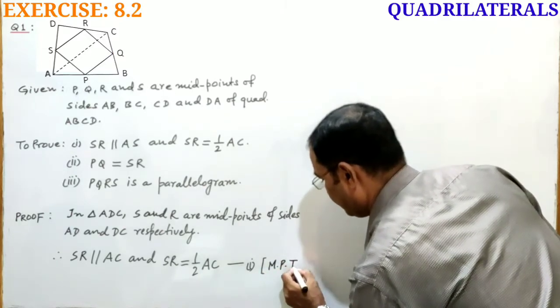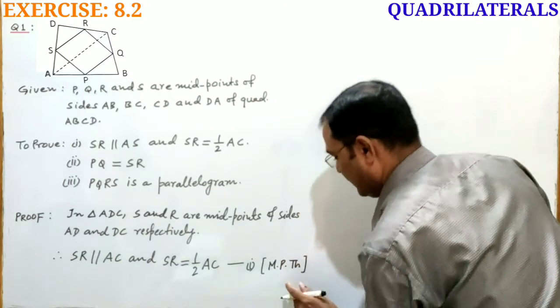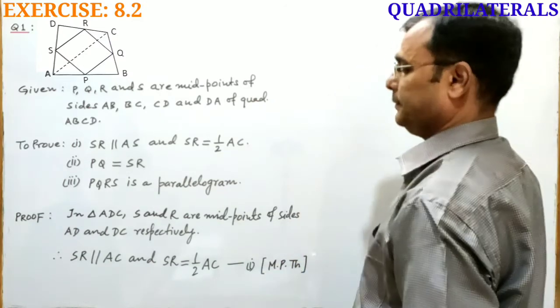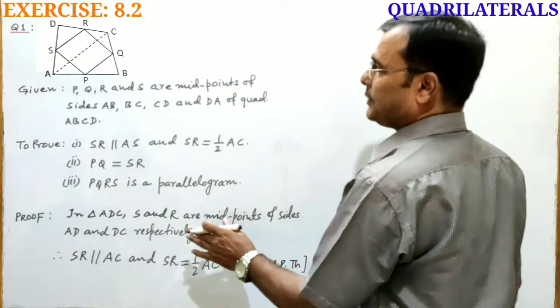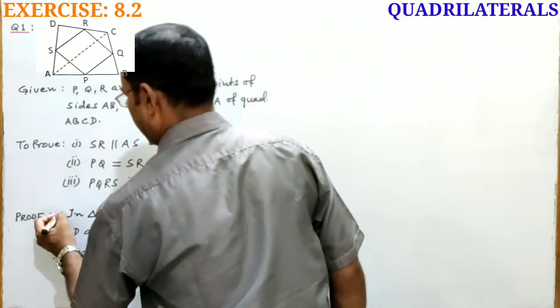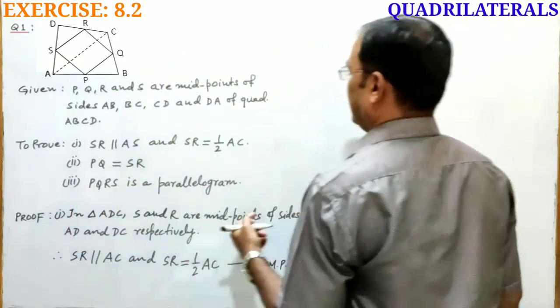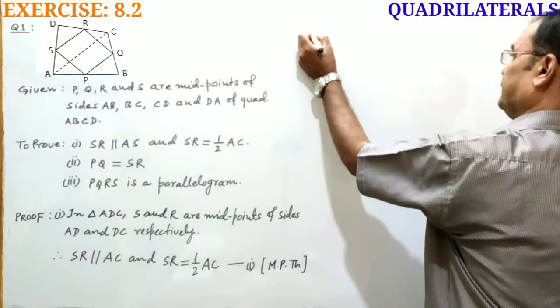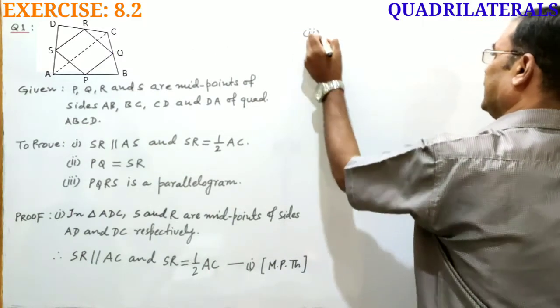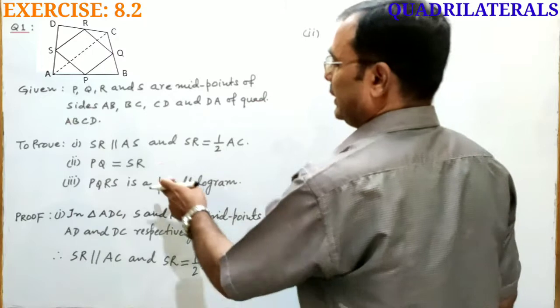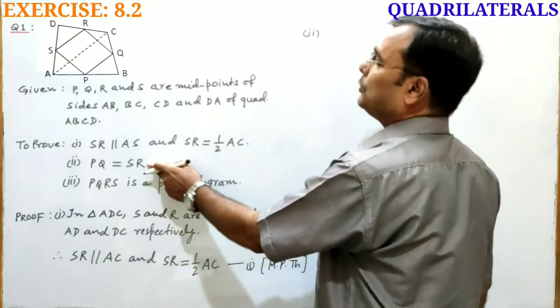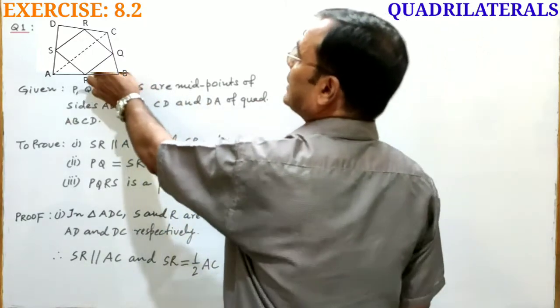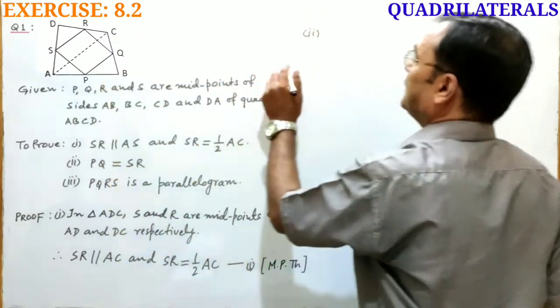So in brief, let us write midpoint theorem like this. And this is first part. Now second part. In second part we have to prove that PQ is equal to SR. So let us take triangle ABC.